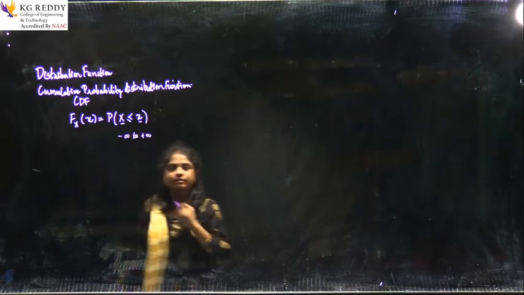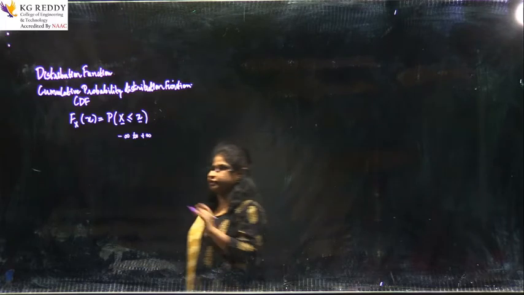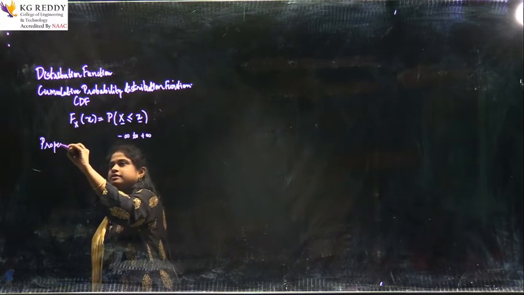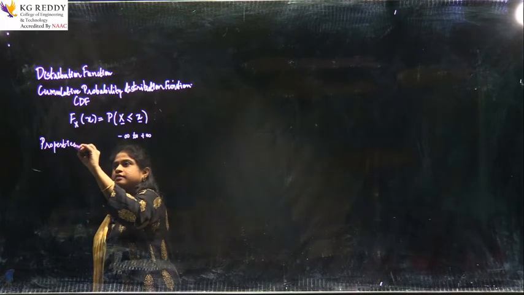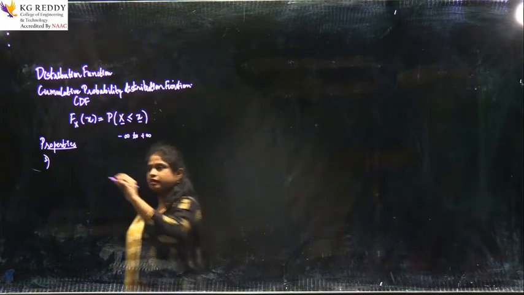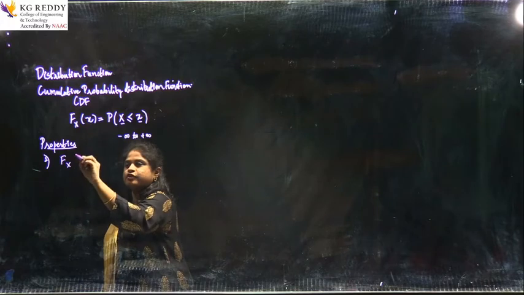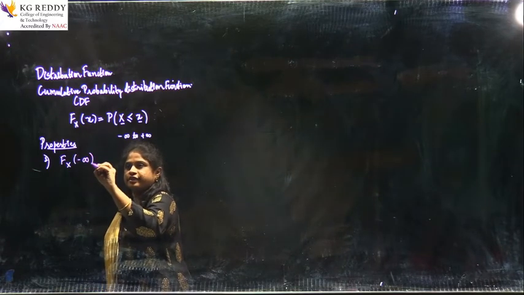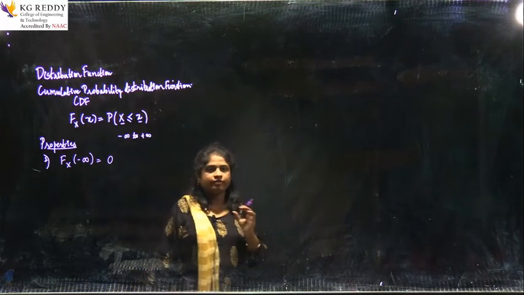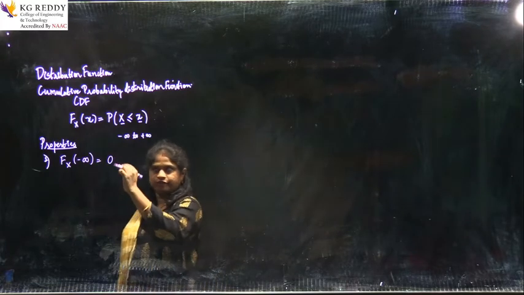We have some properties for this cumulative distribution function. So, we will see the properties one by one. Whenever I am taking the function Fx of minus infinity, it will be equal to 0. We can verify it by the formula.